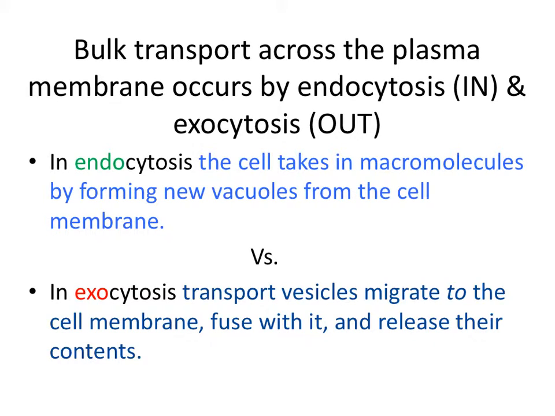So the cell is going to form like a little bubble, a little vacuole around whatever macromolecules and pull it in. And exocytosis is kind of the opposite thing happening. A little bubble, maybe from the Golgi, the little vacuole, moves out to the cell membrane, fuses with the cell membrane, and then releases all of its contents.